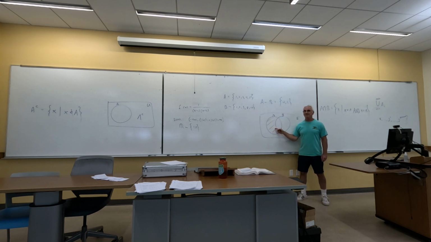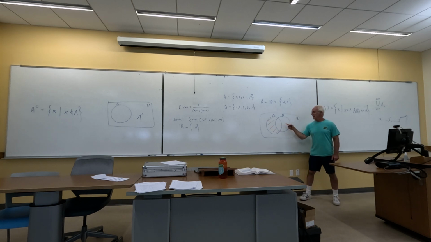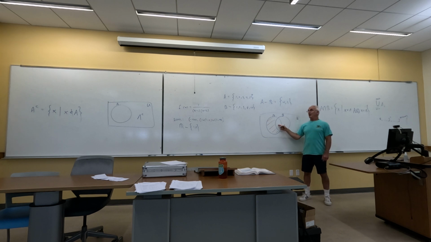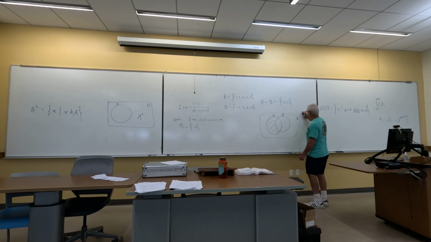Now look at this picture. Haven't I taken all of set A and removed everything that was in B from my set A? Now, these things over here weren't in A, but these things were. So what is A minus B in this case? Maybe it's more obvious.